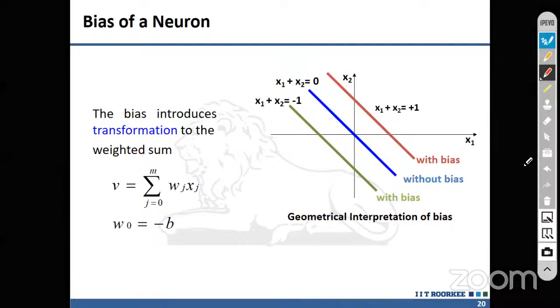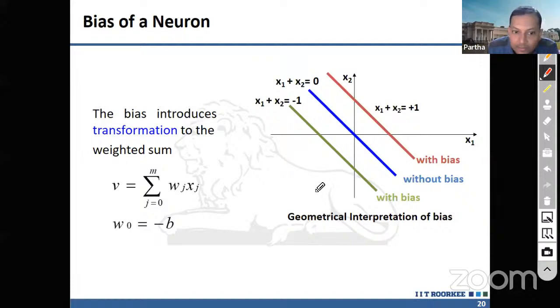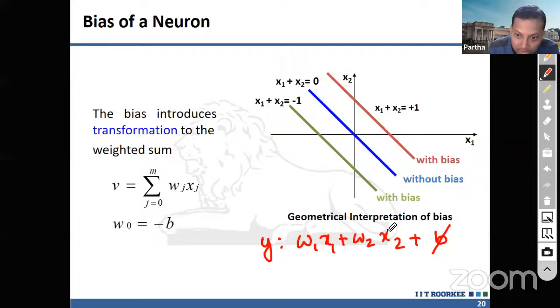For example, if this function is y = w1x1 + w2x2 + b, and b is the bias, it is actually a threshold which keeps the total value towards 0 or not. w1x1 + w2x2 is actually a line.